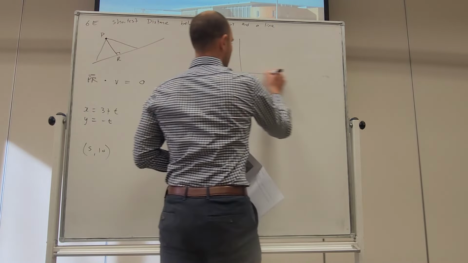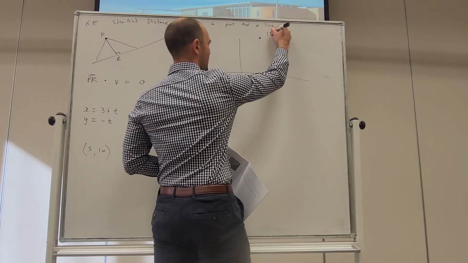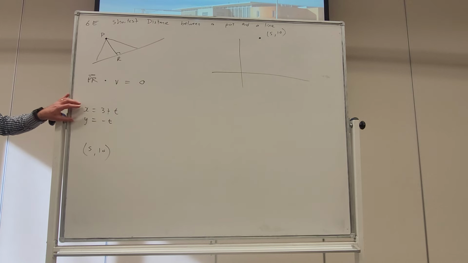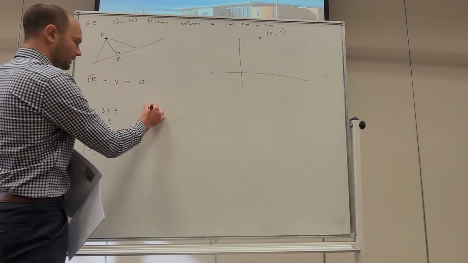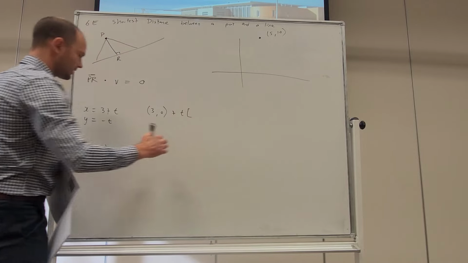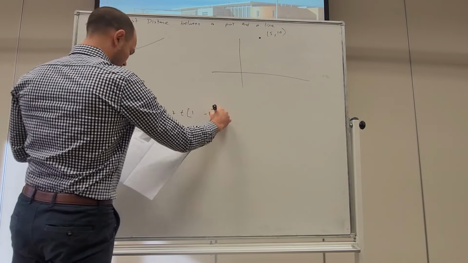And so we could think about sketching that on the Cartesian plane, (5, 10) is about there. For the line that we've got here, it passes through the point x is 3, y is 0. You can think about this as (3, 0) plus t times (1, -1), with 1 for x and minus 1 for y.